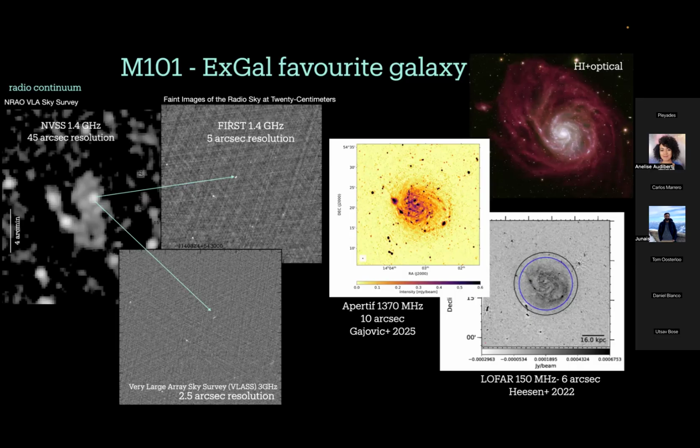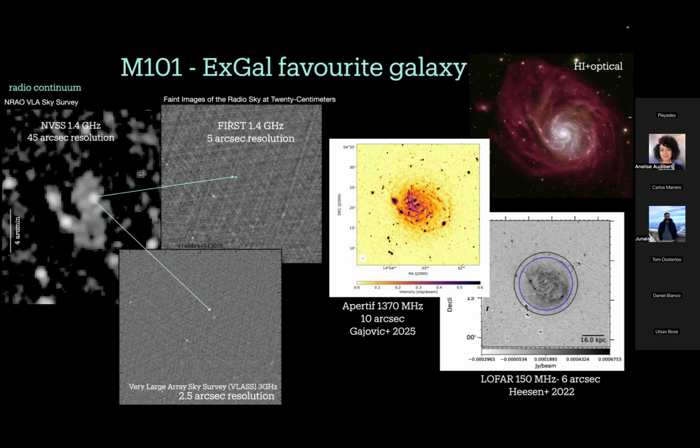So you go deep, and then you pick up all the structure. So you should be aware, if you take this image, you see something, but you miss other factors because it's just too shallow. And this is a low frequency, 150 megahertz, 6 arcsecond resolution.